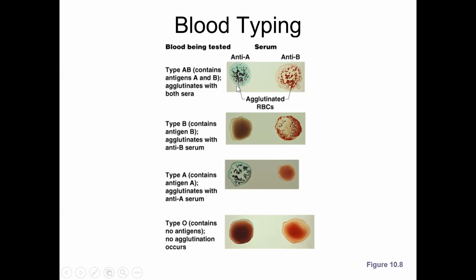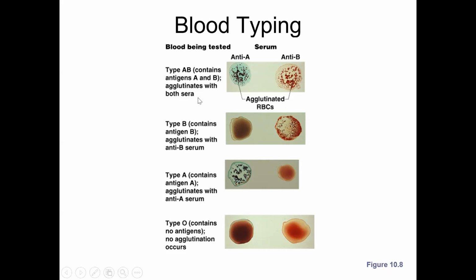The first one, you put anti-A antibody serum, kind of like a plasma. You take all the proteins out, then it's called a serum. So this one is given. In this serum, you have anti-A antibody. In this serum, you have anti-B antibody.